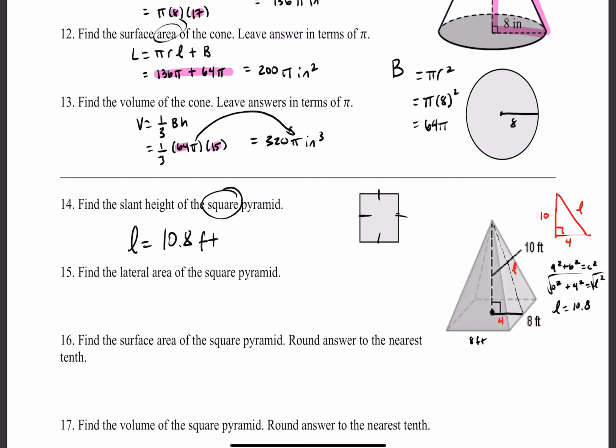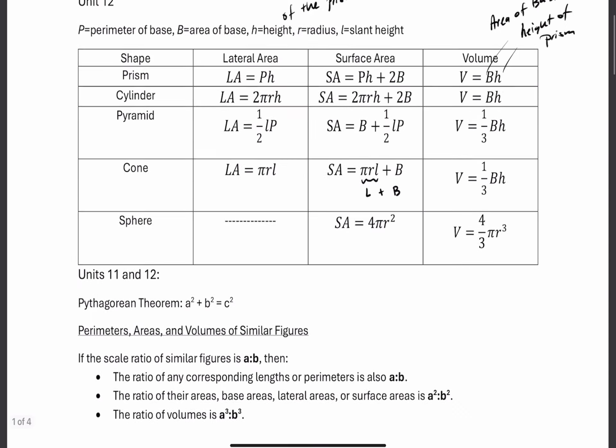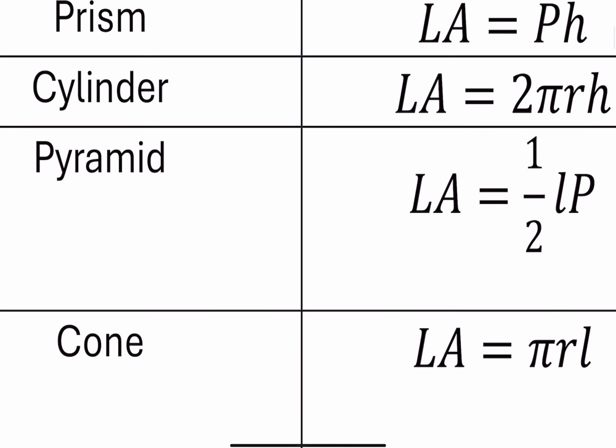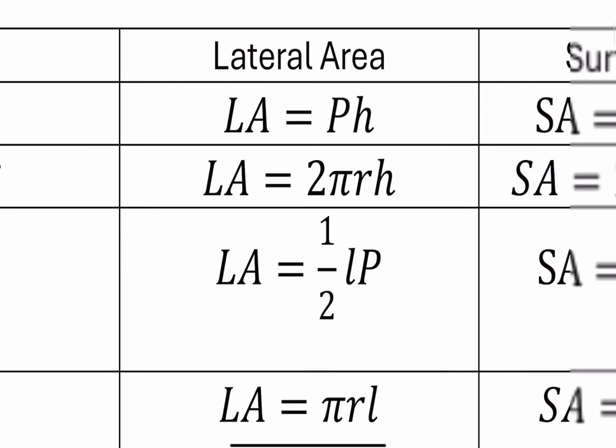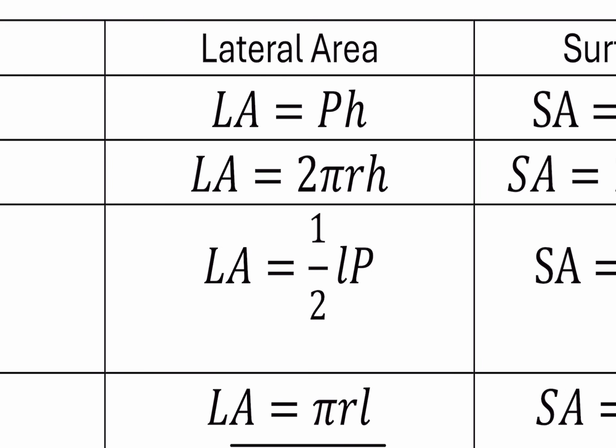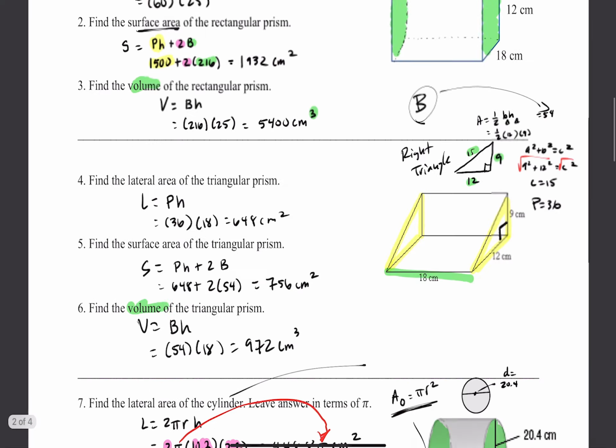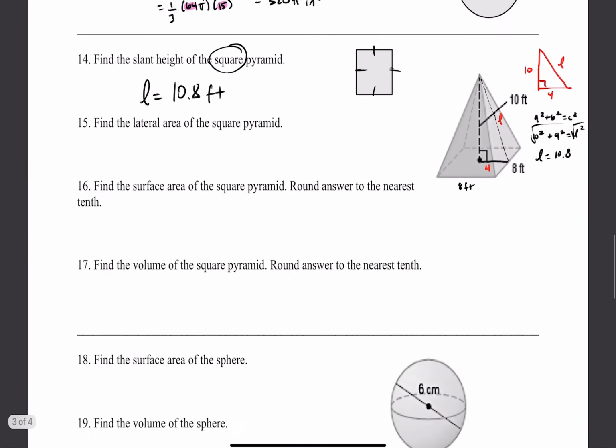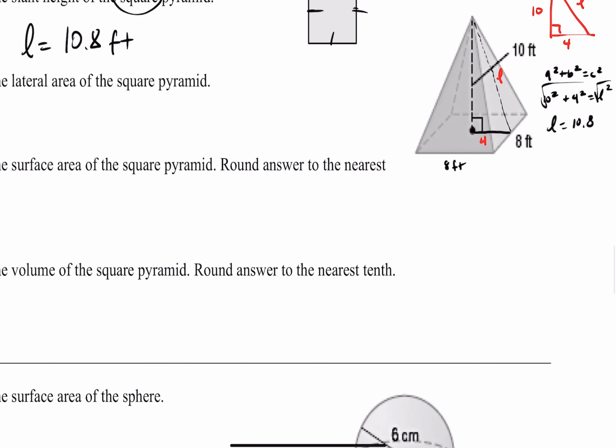Now, we're going to go ahead and get into this territory. It says, find the lateral area of the square pyramid. So let's scroll up. Pyramid, pyramid, pyramid. Okay. And the lateral area is 1/2 the slant height multiplied by the perimeter of the base. So, all right, what did we say at the beginning?